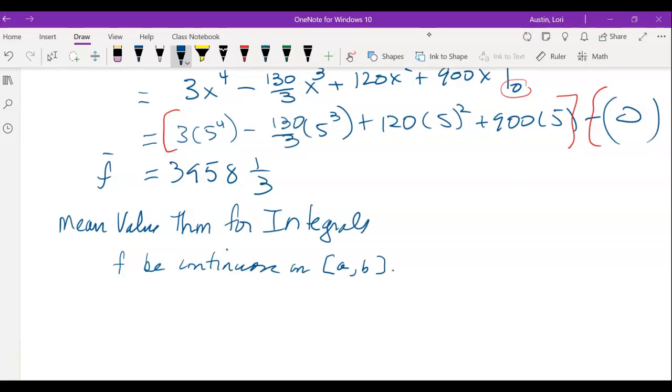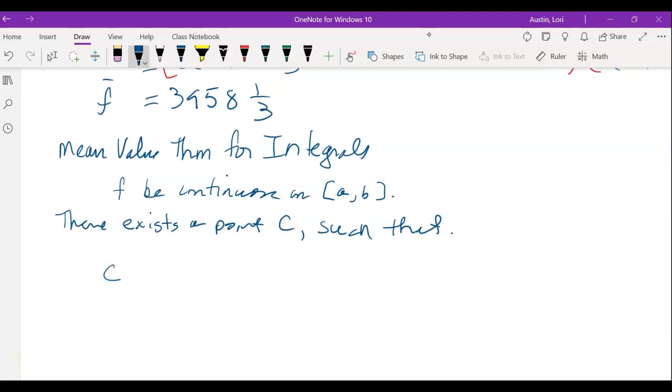And the mean value theorem then says there exists a point c such that f of c is equal to f bar, the f average.